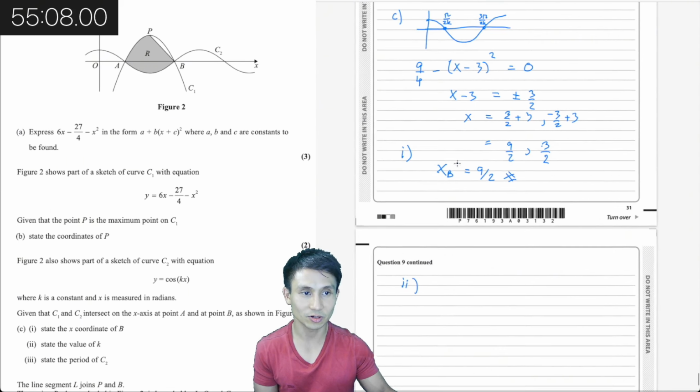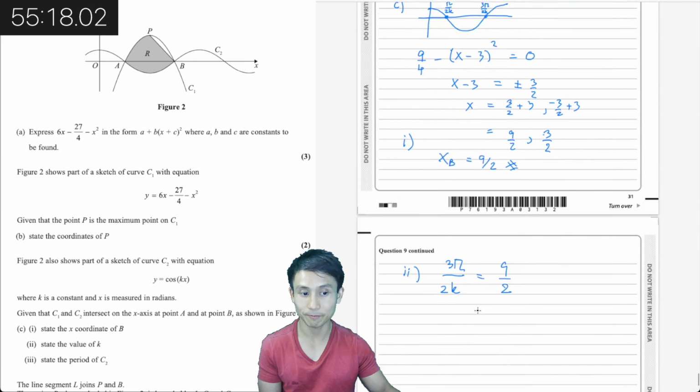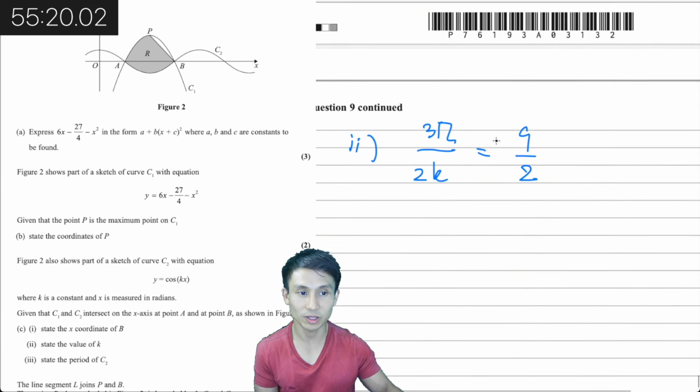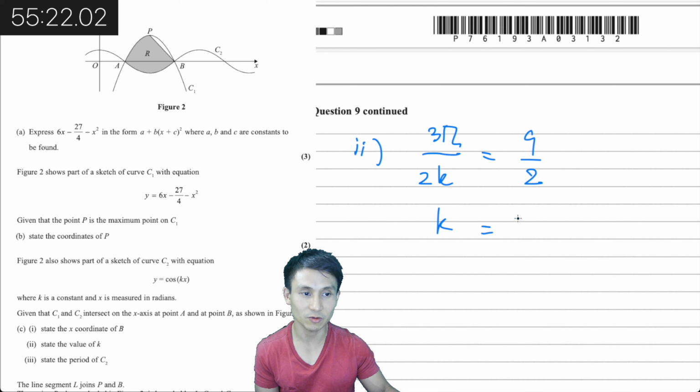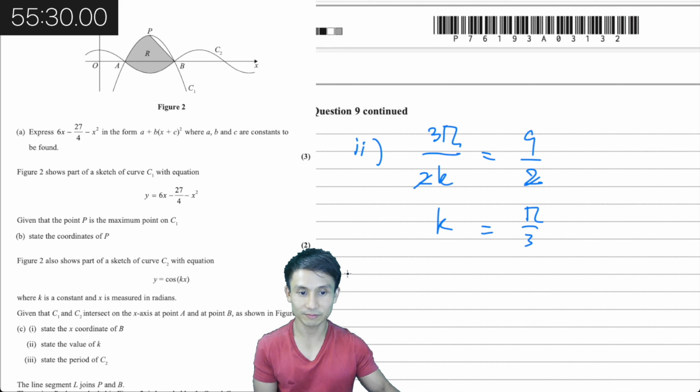We got earlier that this should be 3 pi over 2k equals the x-coordinate of B. And then we have the value now, so k equals, the 2 cancels, so that would be pi over 3, right? Just solving that.